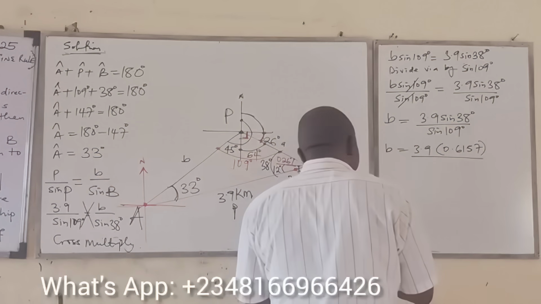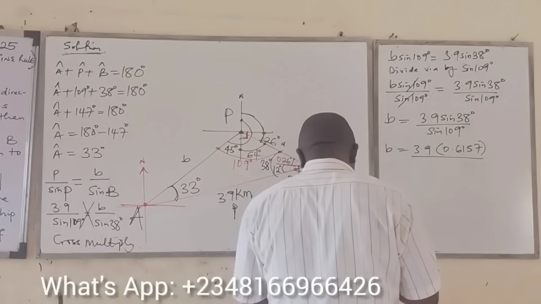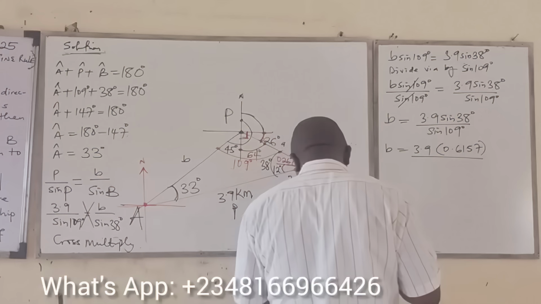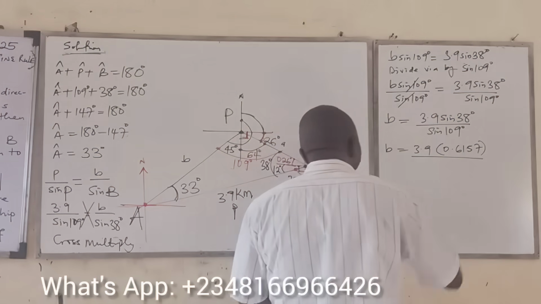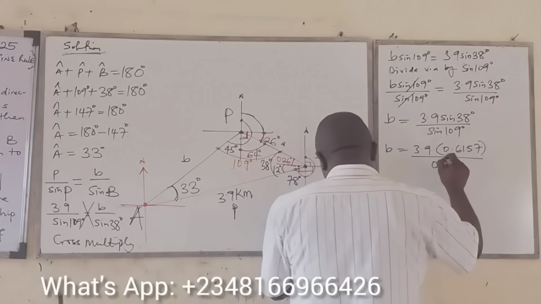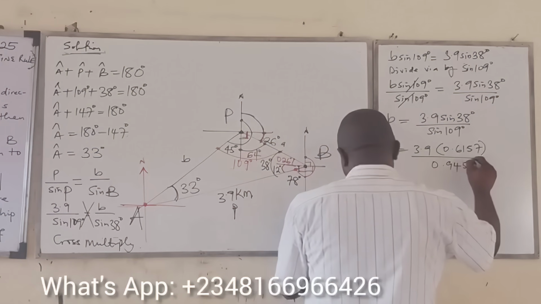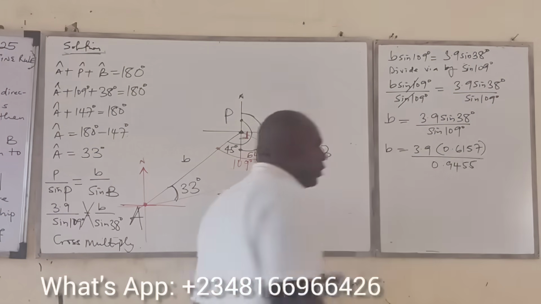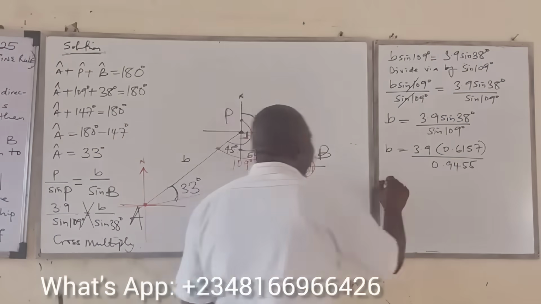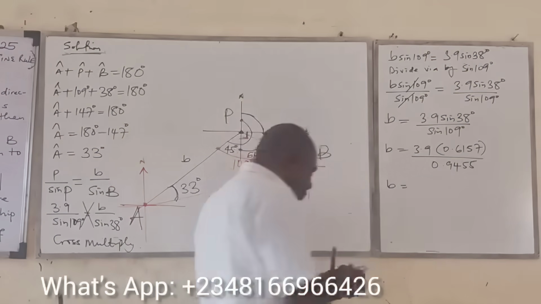Let's look at sine 109. It's 0.9455. So the value of our b will be equal to, now let's multiply the numerator.